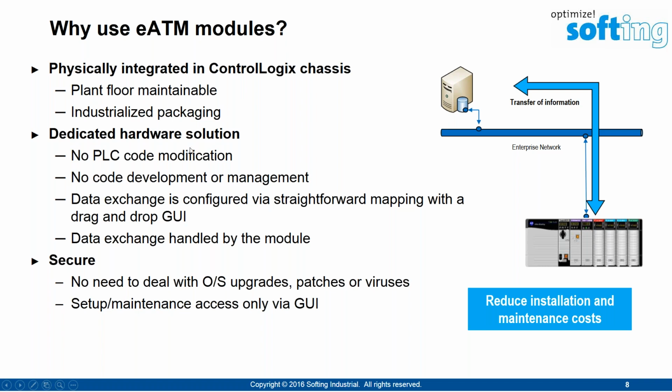Second, they are a dedicated hardware solution. So you don't need to modify the PLC code or even know what the code is. There's also no need to develop code as the data exchange is configured via a straightforward GUI right in the module. And once it's configured, the module manages the data exchange.